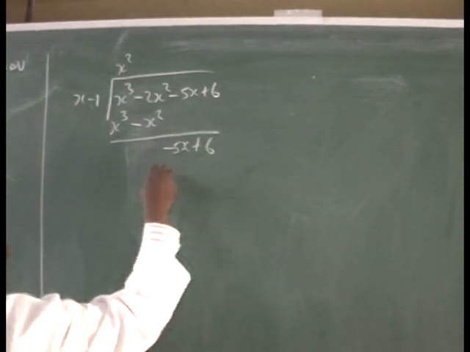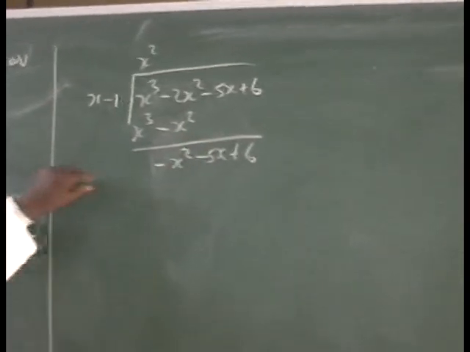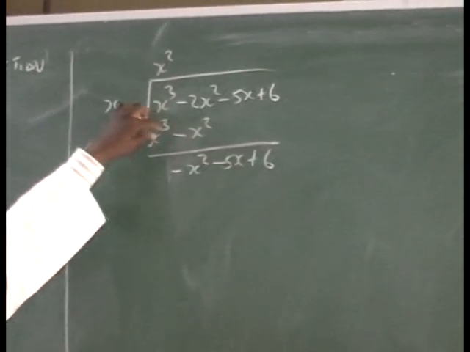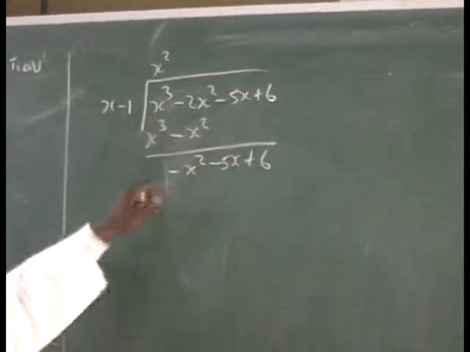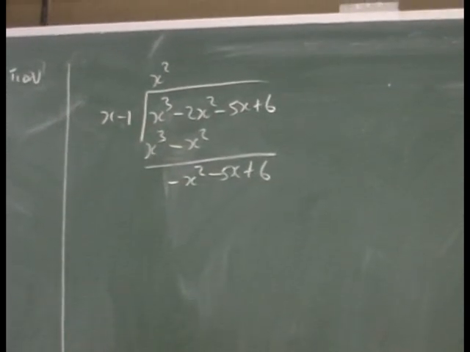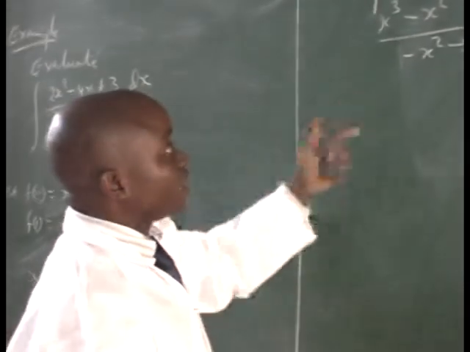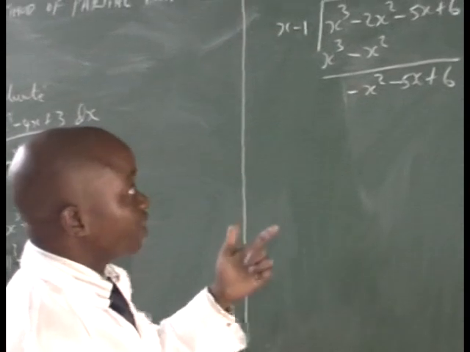Then minus 5x, and then this will give me minus x squared. If I subtract, minus 2x minus minus, making here plus. You see how mathematics relates. From partial fraction, you can use it to integrate. So better watch our lectures on partial fraction so that you understand these facts.